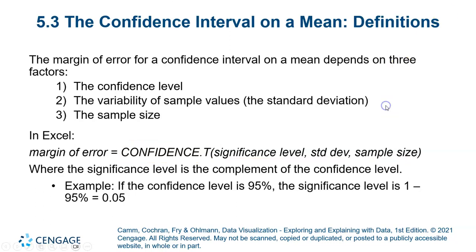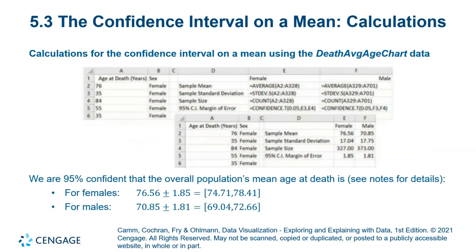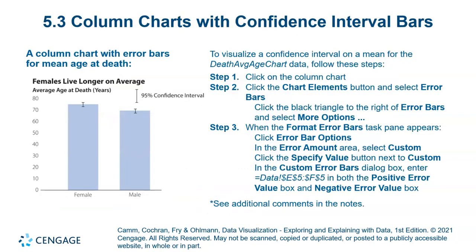Here is how you can apply it in Excel. You can see how it can be applied in the Excel calculation with the confidence interval on the mean value. And these are column charts with the confidence interval bars.